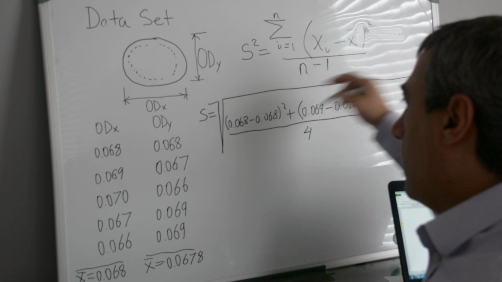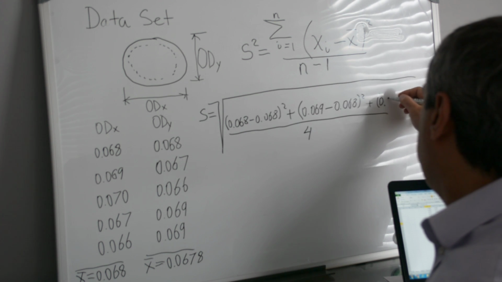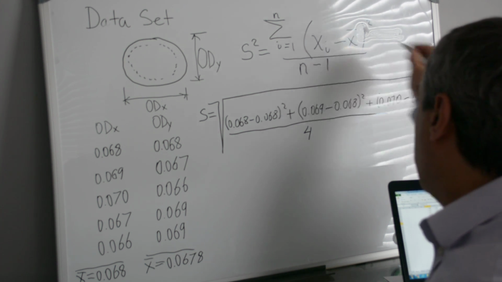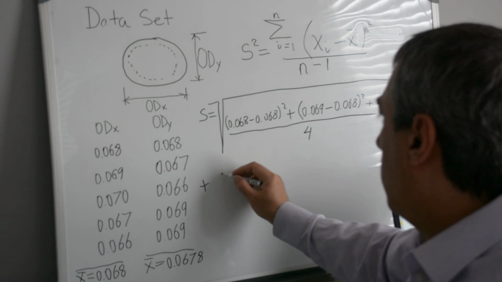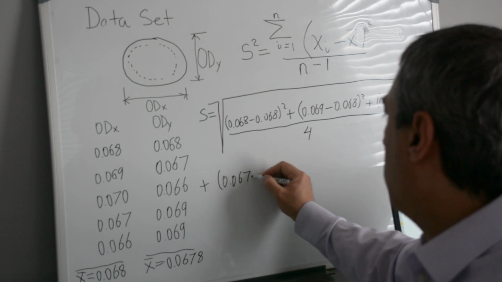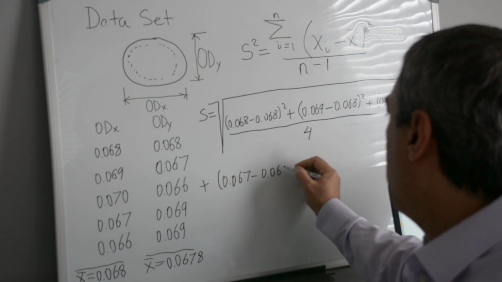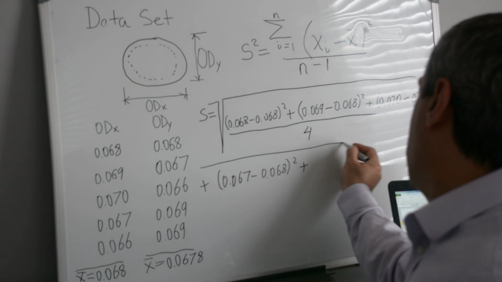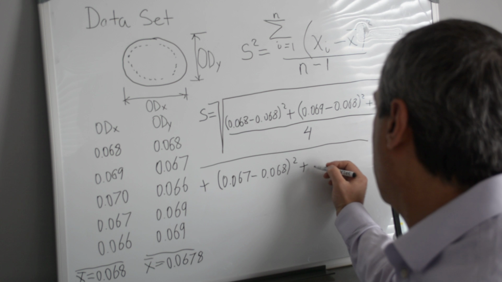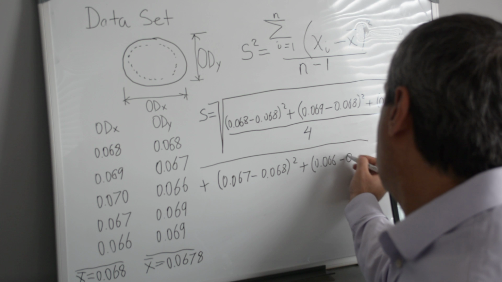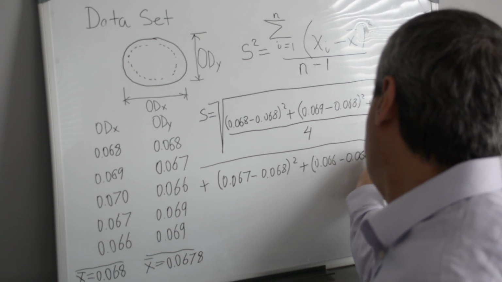Then the third one, 70 thousandths minus 68 thousandths, we take the square. Then 67 thousandths minus 68 thousandths square, plus 66 thousandths minus 68 thousandths square.